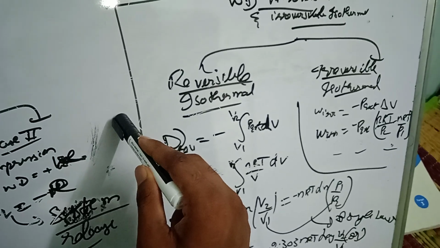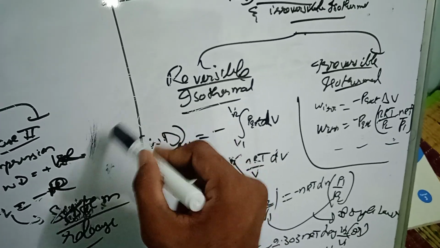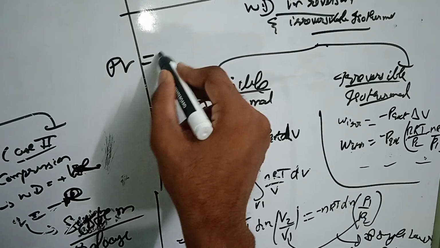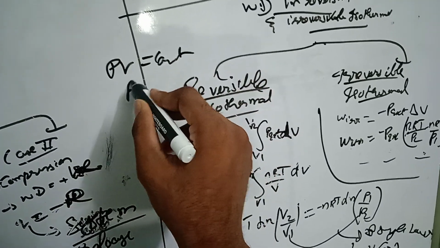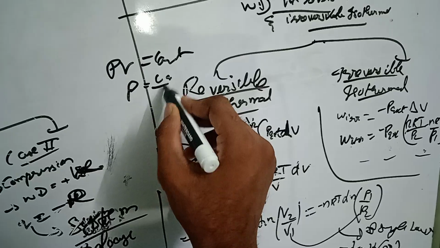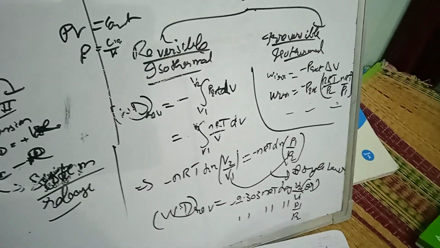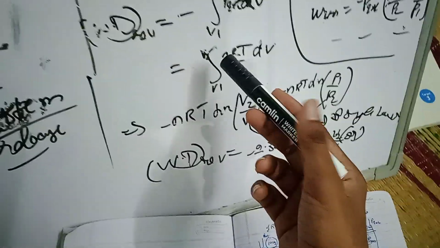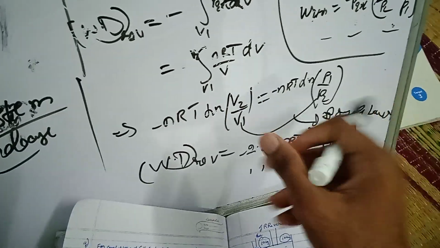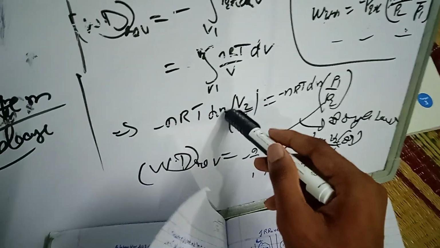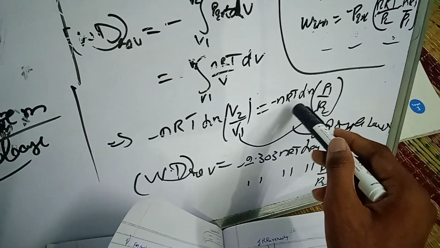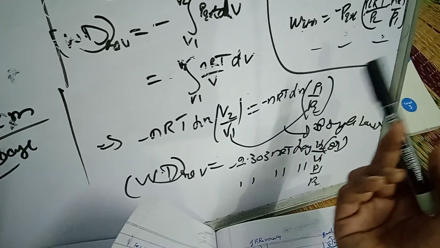If PV is constant, P is inversely proportional to V, because P equals constant divided by V. If A is inversely proportional to B, then A1 by A2 equals B2 by B1. I think you would know this. Similarly, V2 by V1 is P1 by P2, just the opposite.